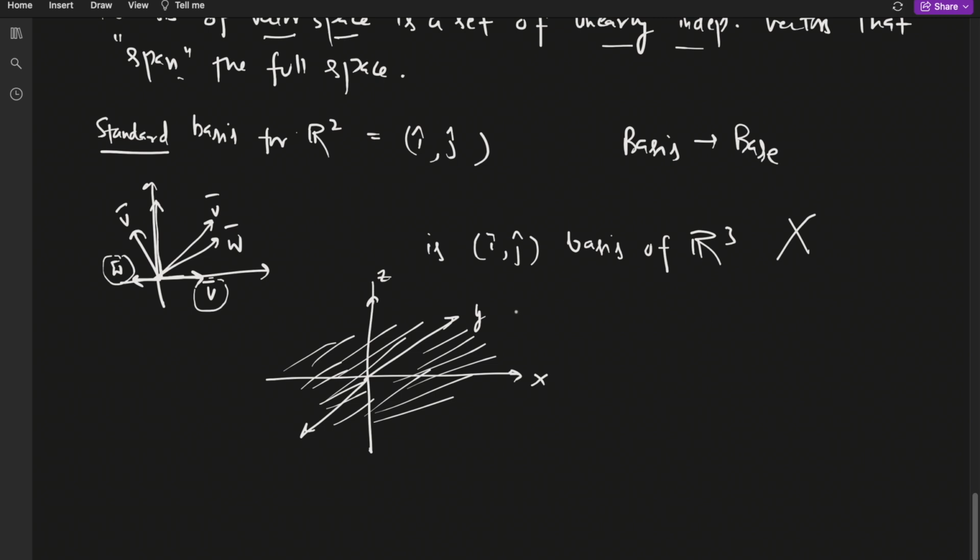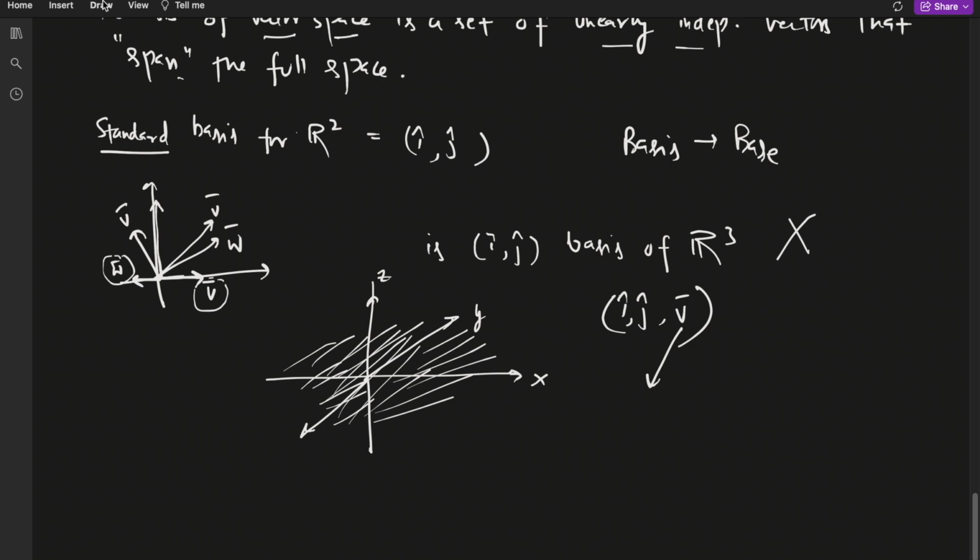So to make the basis set for R cube, apart from i hat and j hat, we need to add another vector v. It could be any vector, given that this vector v should not be a linear combination of i hat and j hat. In visual terms, v should not lie in this xy plane. It should be any vector outside the xy plane.